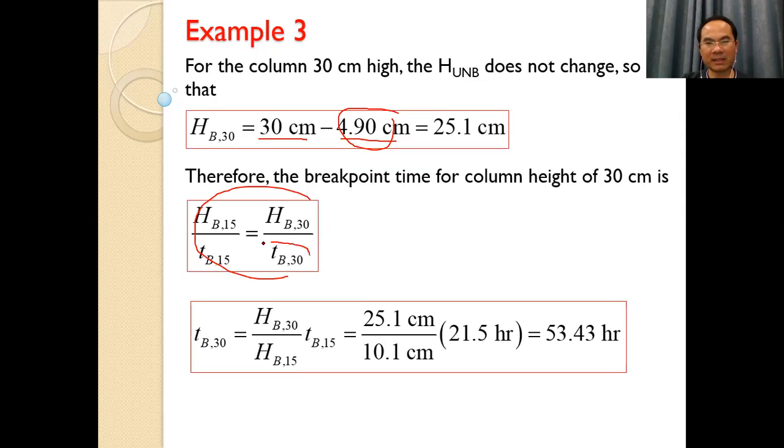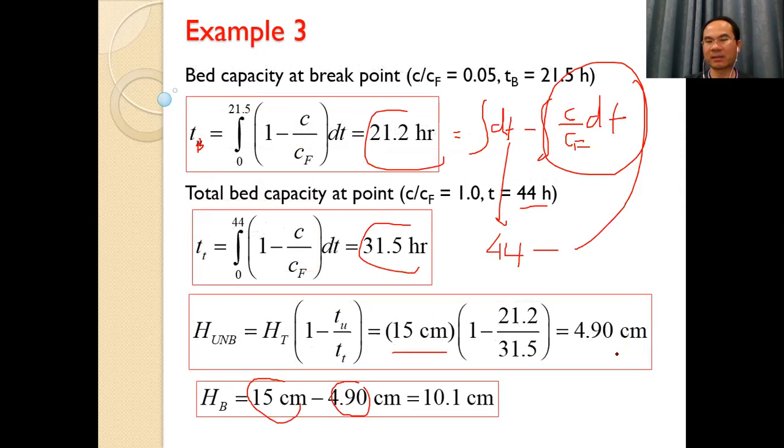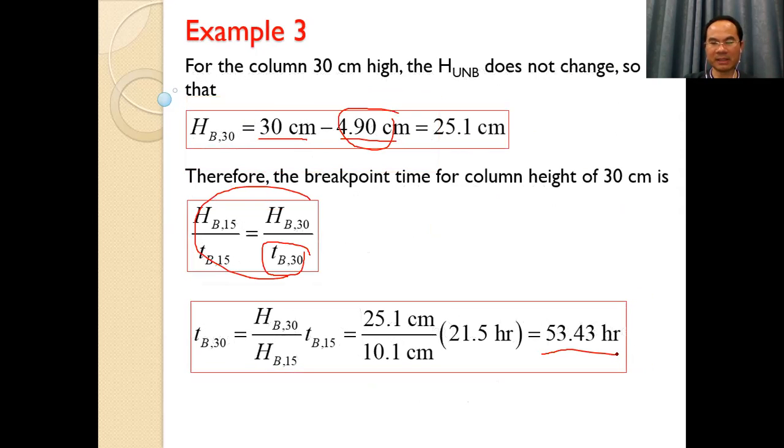Then you can calculate TB, the breakthrough time for the larger column, equal to 35.43. If you increase the height of the column, the breakthrough time also increases, because for the 15 centimeter column the breakthrough time is about 21.2, and scaling up from 15 to 30, the breakthrough time increases to 35.40.